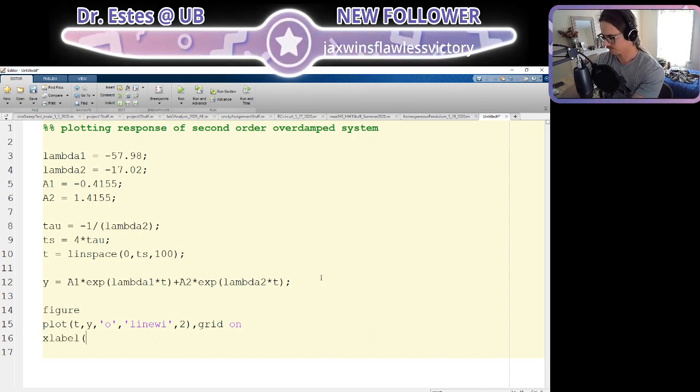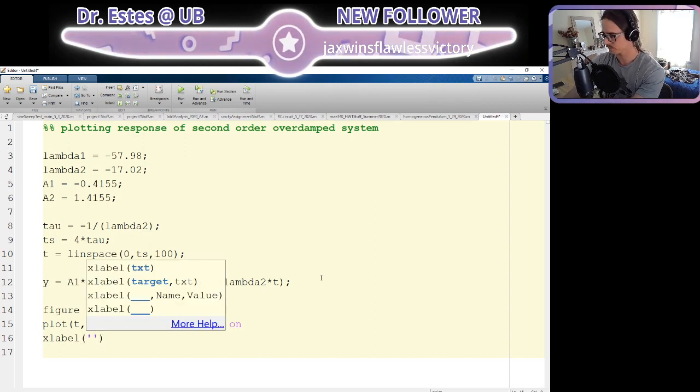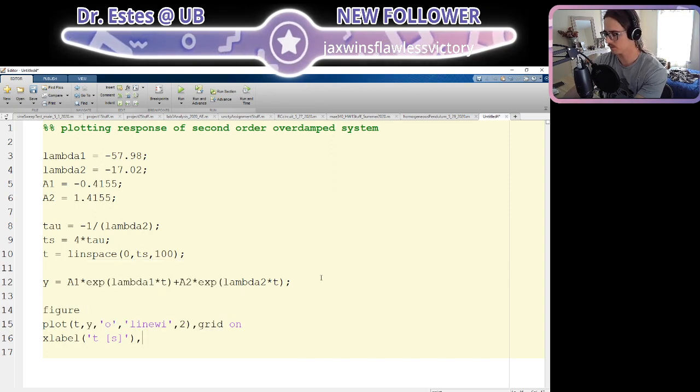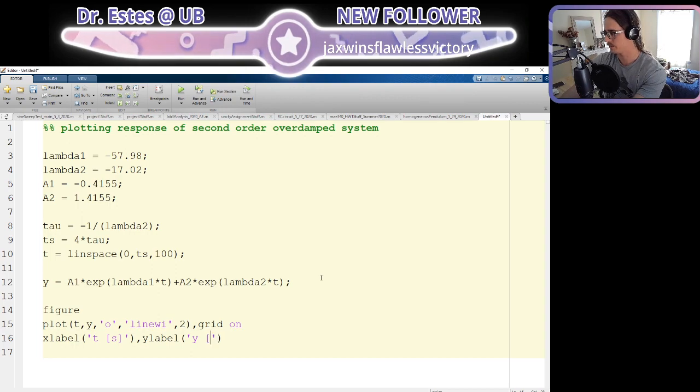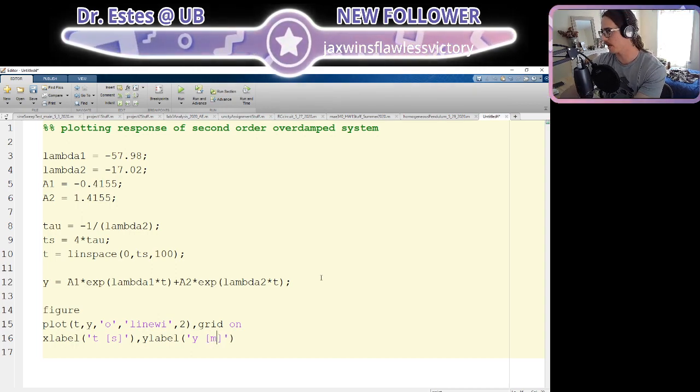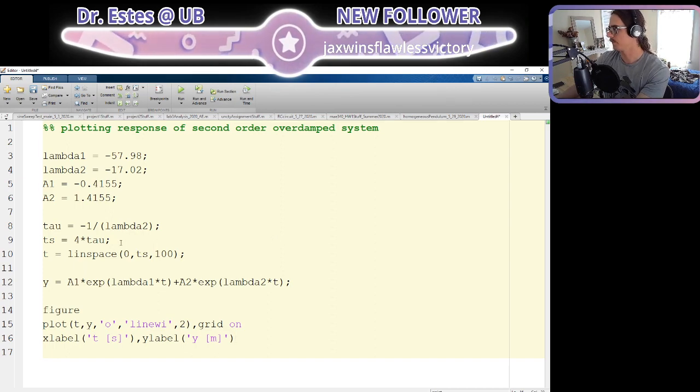I always label my axes: x label, time in seconds. Y label is y, and this is in meters. It's the displacement of this mass. I think that's all we need.